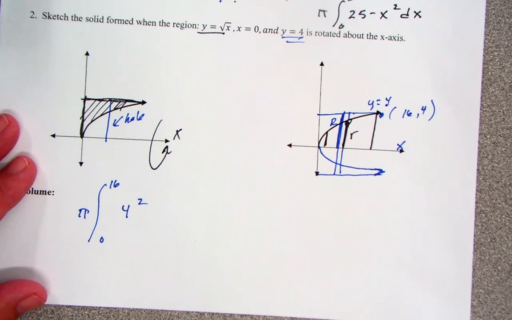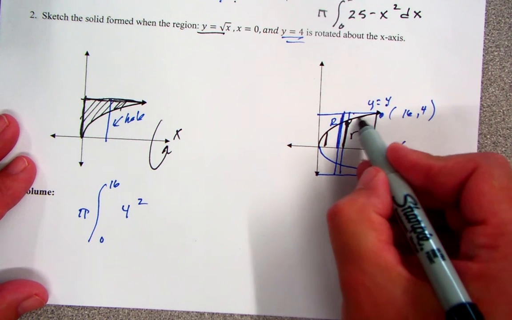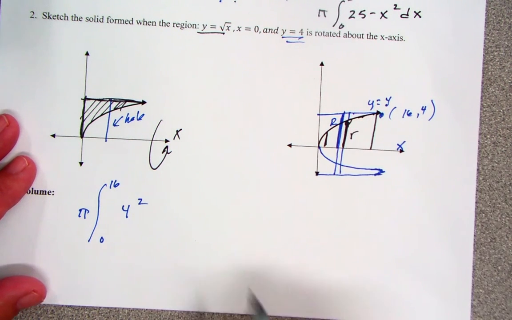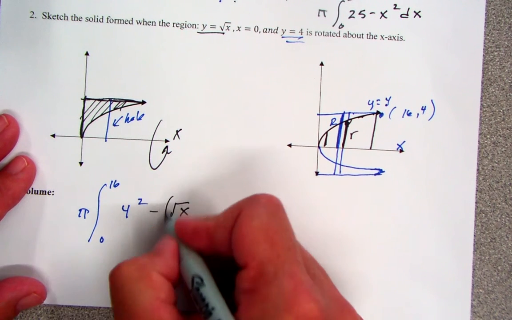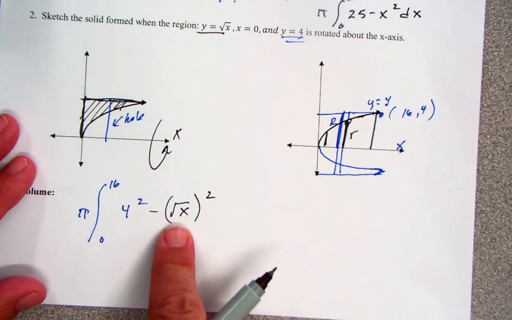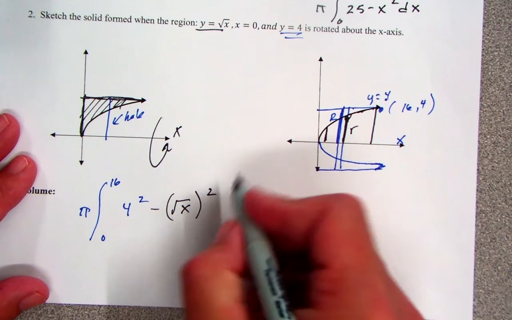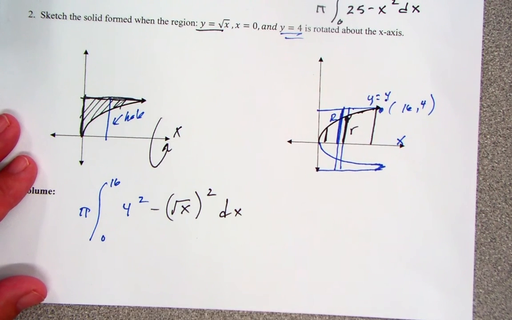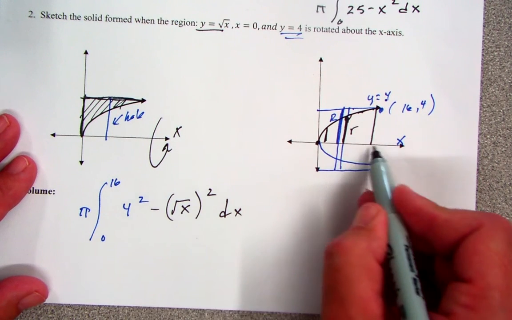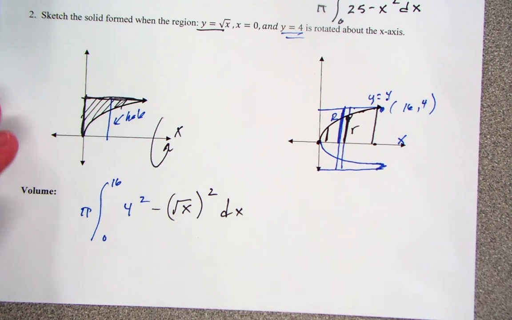So I need to figure out what that is, and it always goes from the curve, which is the square root of x, to 0. So I could just go square root of x. I need to square that, so it's pi r squared. And then I'm going to dx it for the width. And I know my limits of integration start here at 0, and they're going to go until 16. So this is the washer method, and it's essentially taking the outer disk, which is the material, and subtracting the hole in the center.